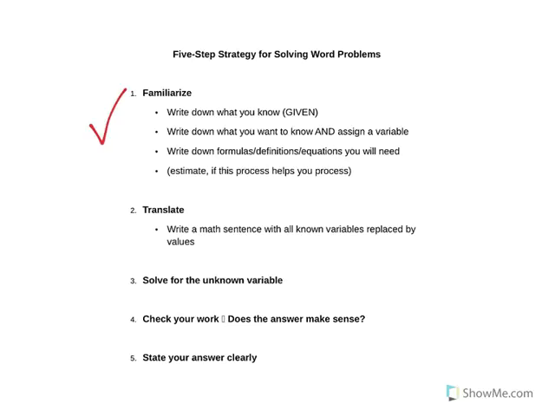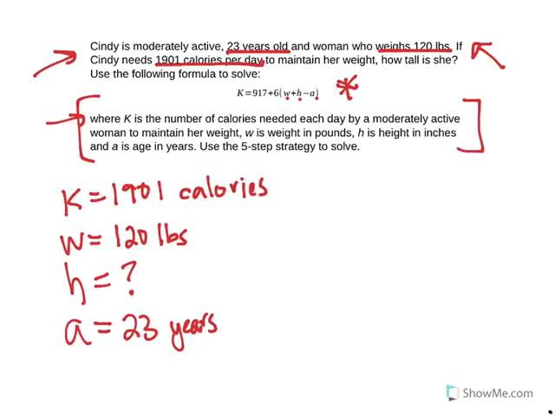Next, we need to translate this information into a math sentence. So that just means that we're going to plug in the values that we know. So we can rewrite this equation.